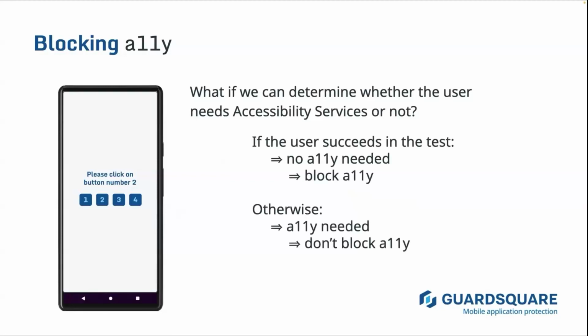Users that do not need assistance will probably click on button number 2. So we will conclude that these users do not need assistance. We can go all out against accessibility abuse here.